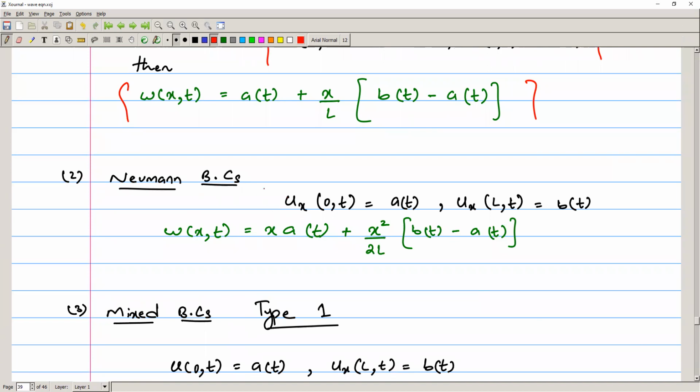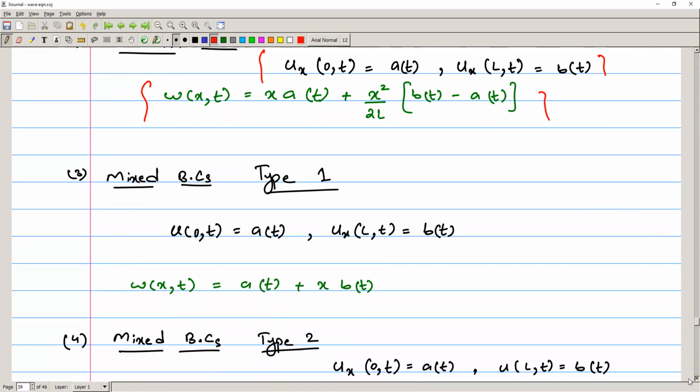Then for Neumann boundary conditions, we know that these are the derivative boundary conditions, u_x(0, t) and u_x(L, t) are given. Then we formulate w(x, t) in this way: x times a(t) plus x squared over 2L times b(t) minus a(t). Then for mixed boundary conditions, for type 1, we have u(0, t) equal to a(t) and u_x(L, t) equal to b(t).